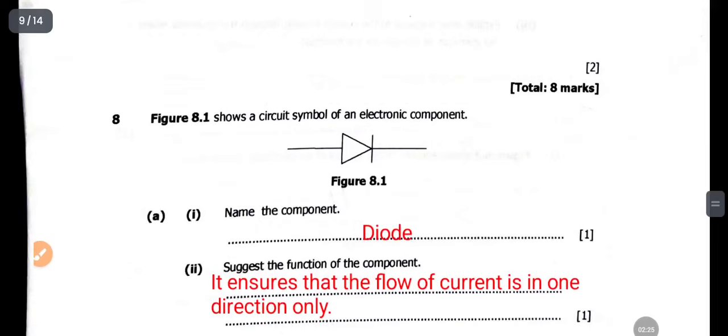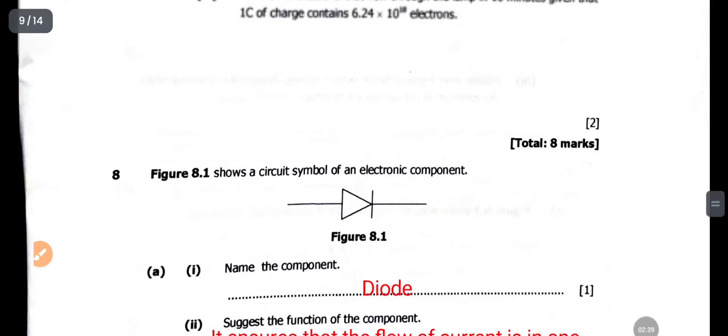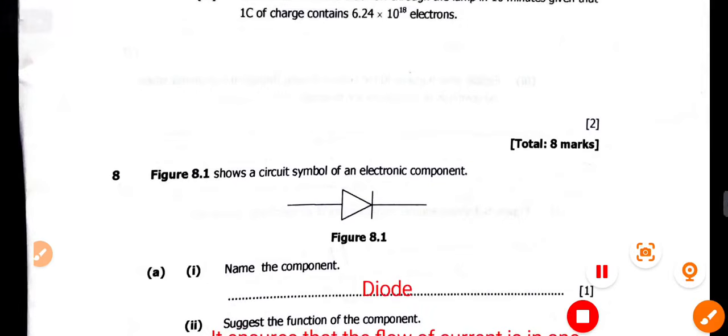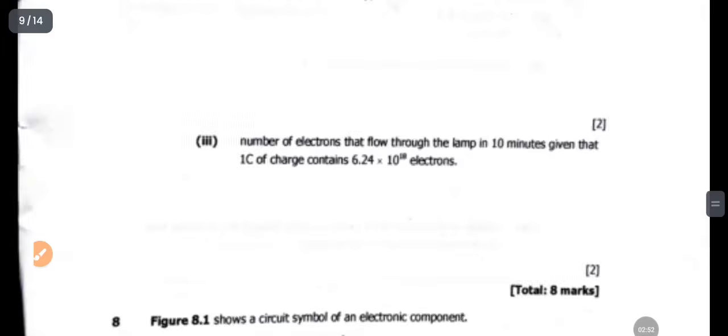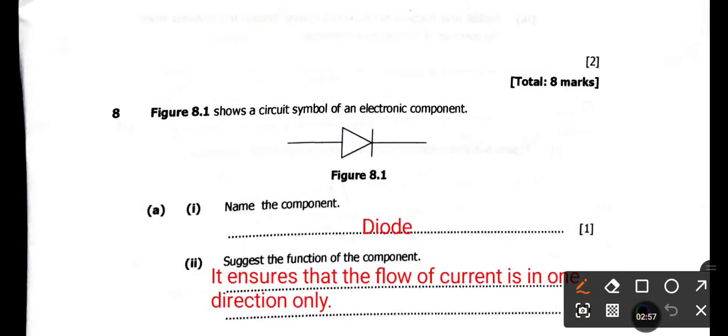Question 8 says, figure 8.1 shows a circuit symbol of an electronic component. Name the component. This component is what we call a diode. Suggest the function of the component. The function of a diode is simply to ensure that the flow of current is in one direction only.